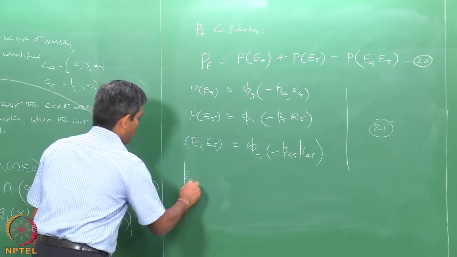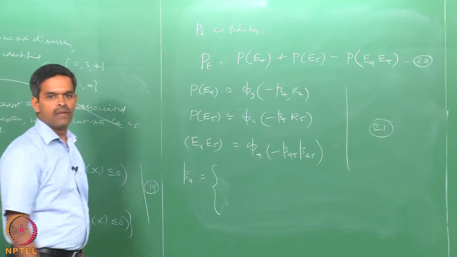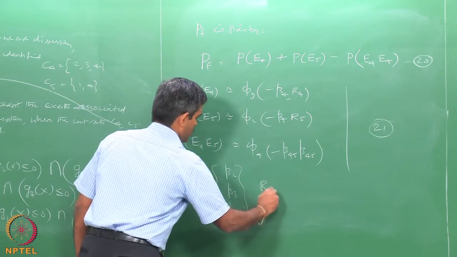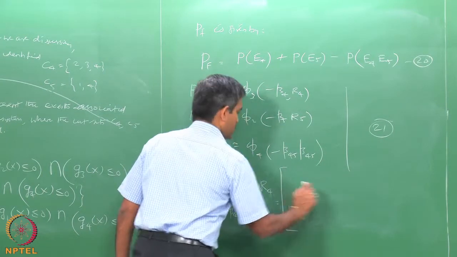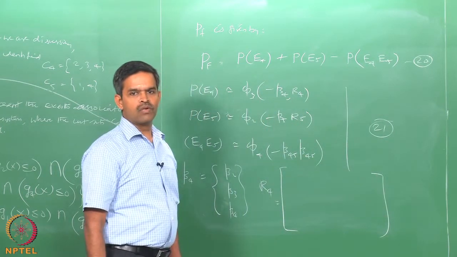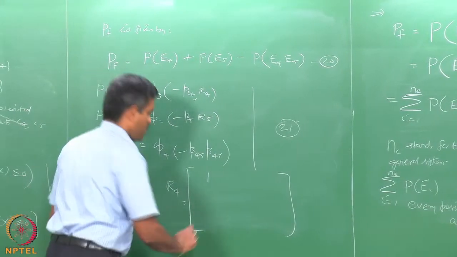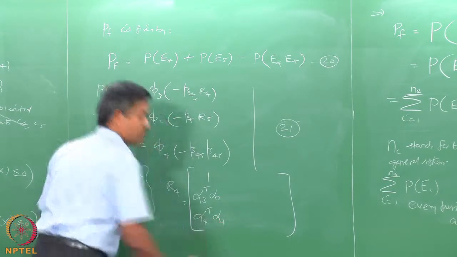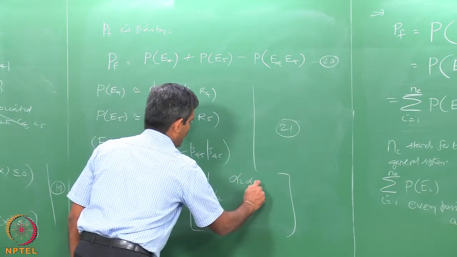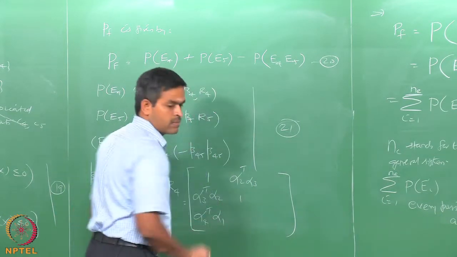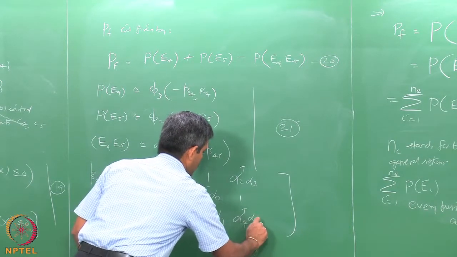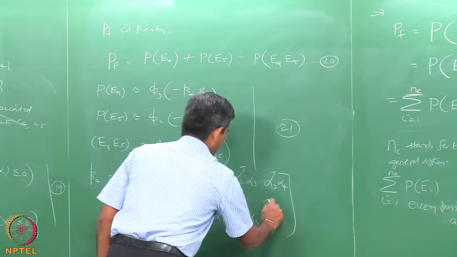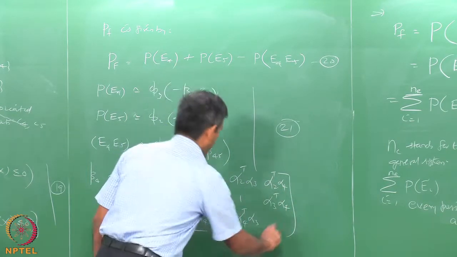where beta 4 is beta 2, beta 3, beta 4, R4 is the correlation matrix which is going to be 1, alpha 3 2, alpha 4 2, alpha 1 2, alpha 2 3, 1, alpha 4 3, alpha 2 4, alpha 3 4 and 1.